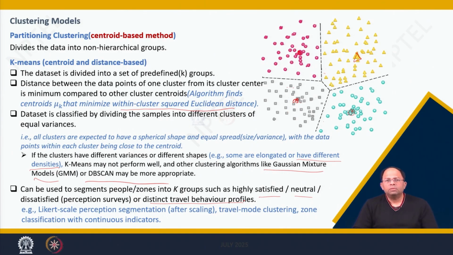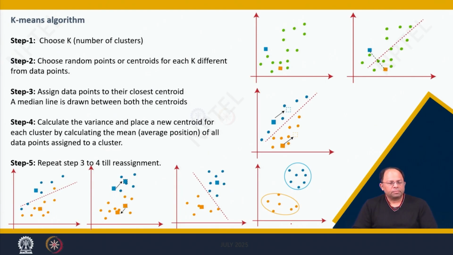Then we can use k-means clustering to find out which data points, with many features, belong to which cluster and show similar tendencies, right. So Likert scale perception segmentation after scaling, travel mode clustering, and zone classification with continuous indicators could all be part of the k-means process.